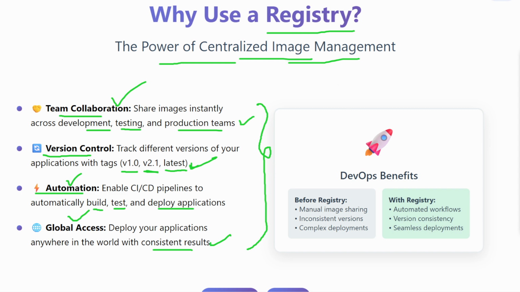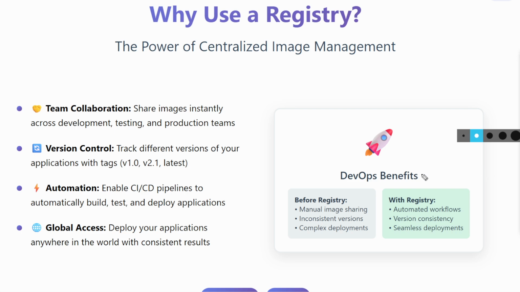Coming to some DevOps benefits: before registry and after registry, or without registry and with registry. Without a registry, images need to be shared manually among the teams, there will be inconsistent versions, and there will be complex deployments.